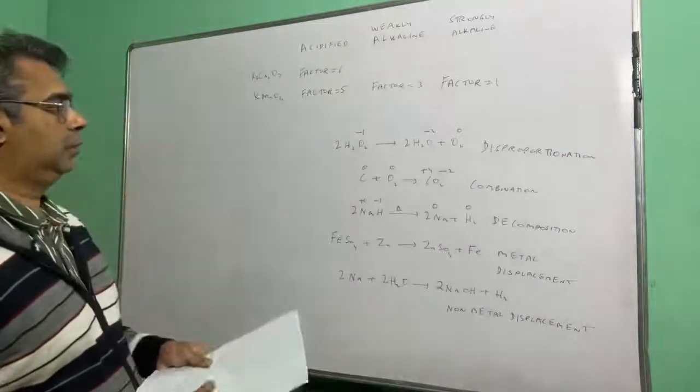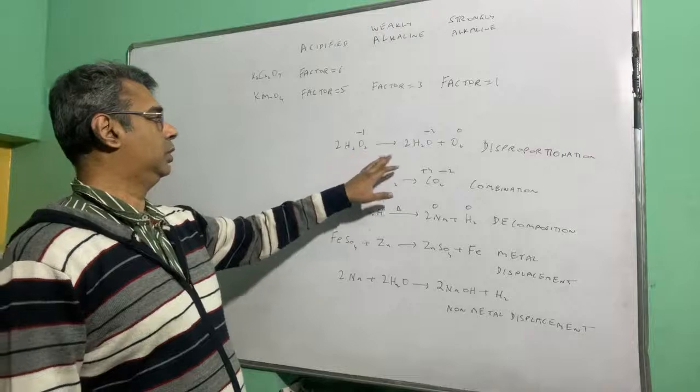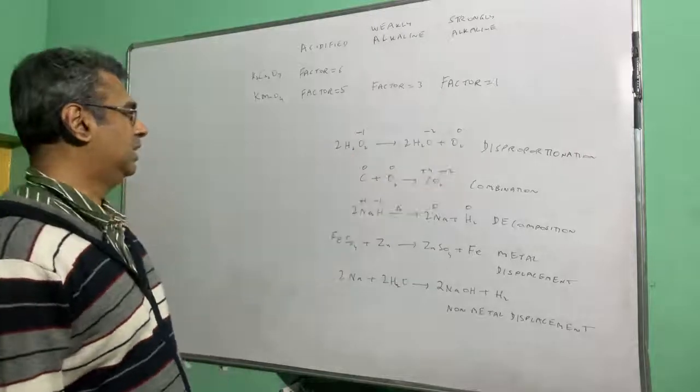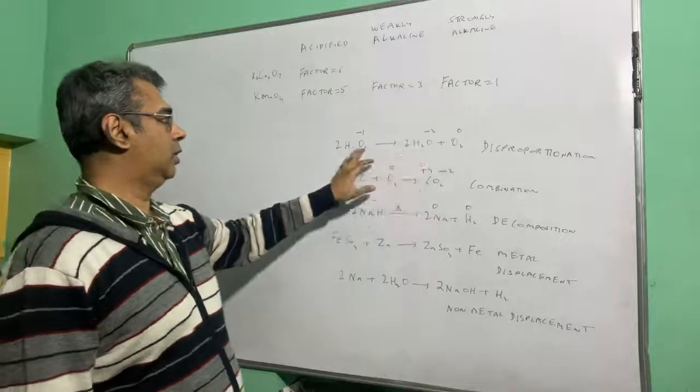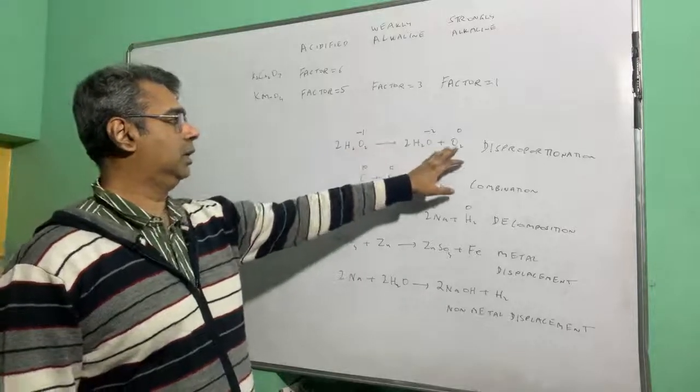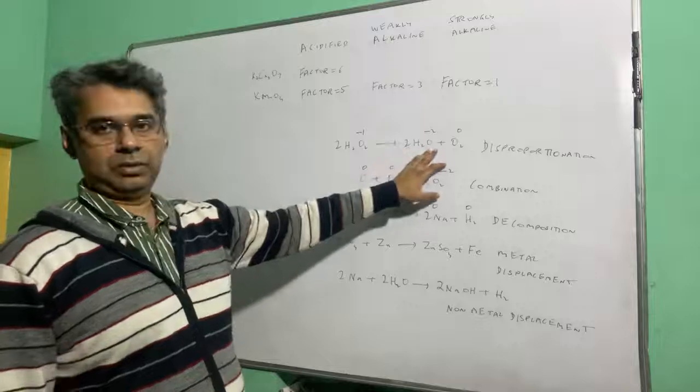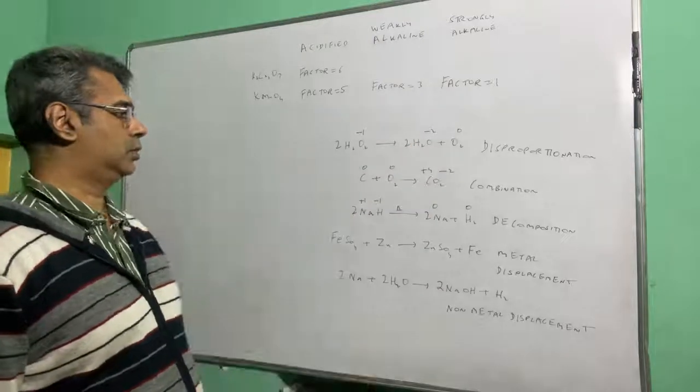Then disproportionation: 2H2O2 gives 2H2O plus O2. So oxygen here is -1, here is -2, here is 0. So oxygen is oxidizing to O2 and it is reducing to H2O. Both are happening, so it is disproportionation.